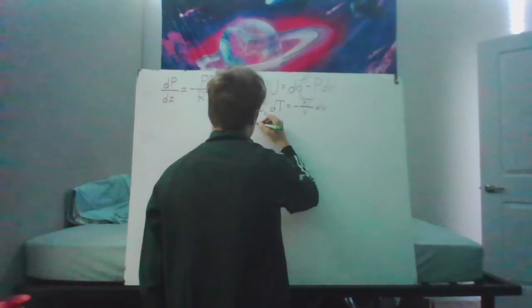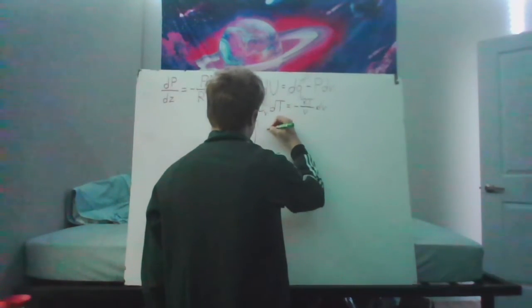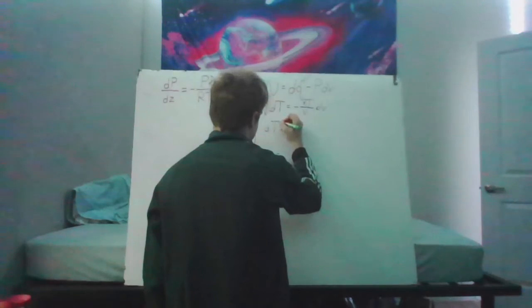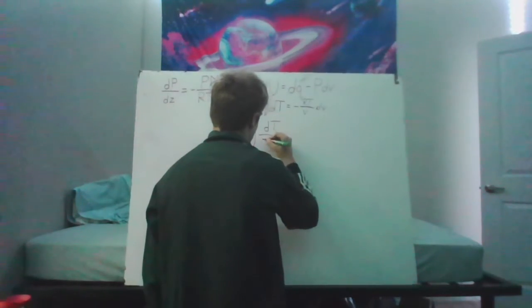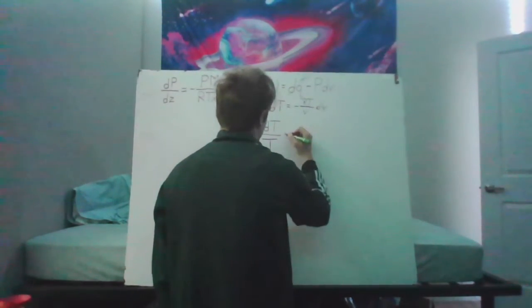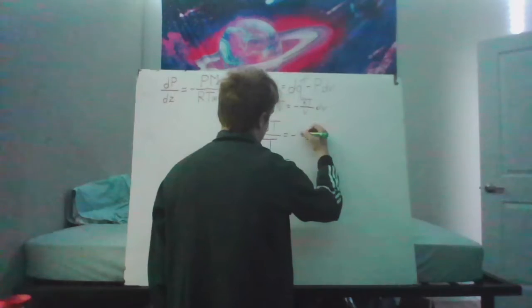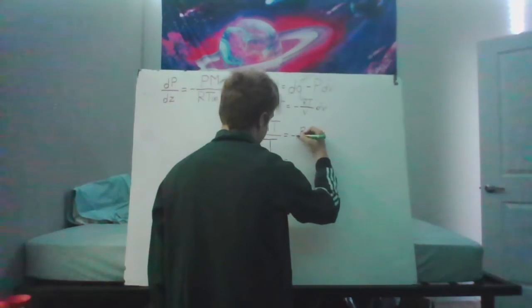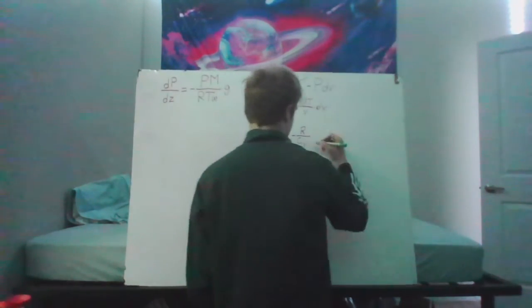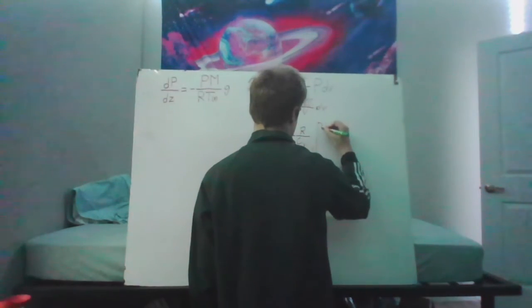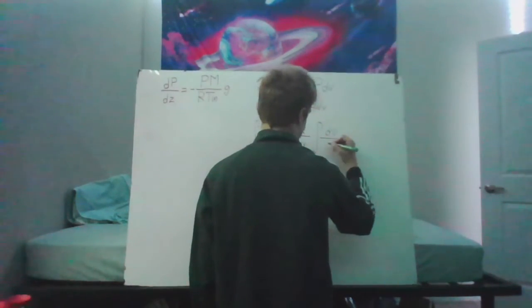So we'll get the integral of dT over T is equal to negative R over CV, and then the integral on this side of dV over V.